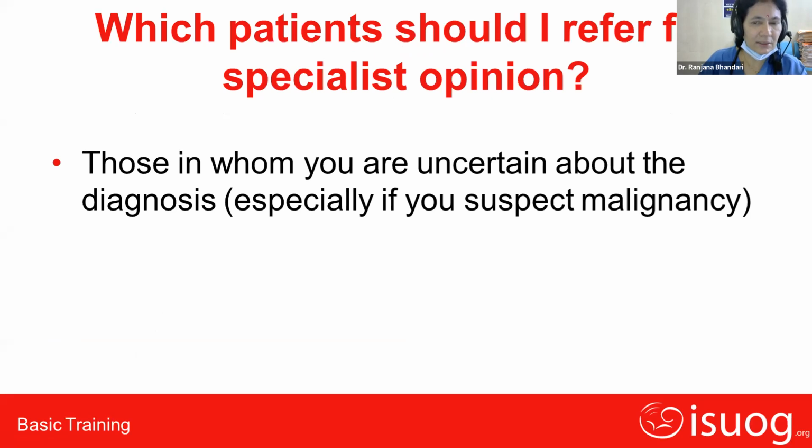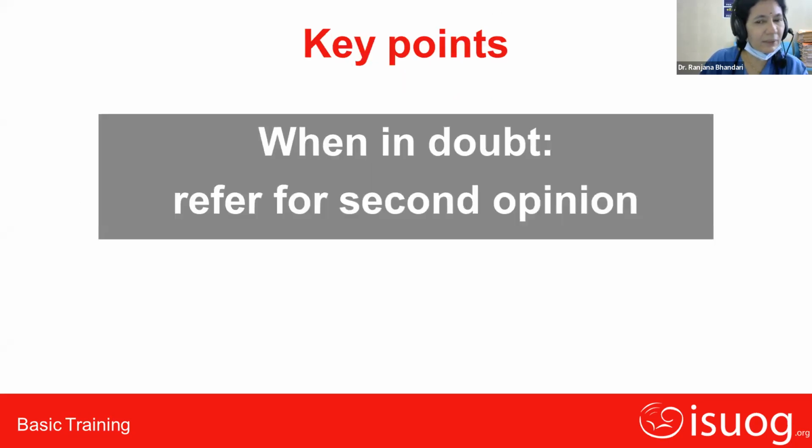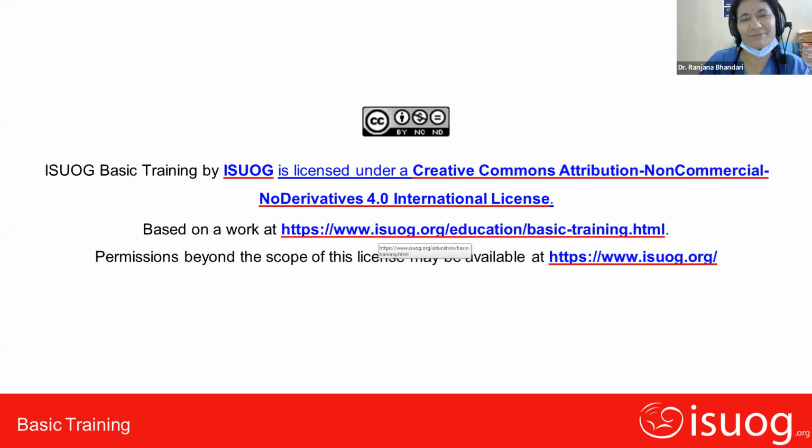All those cases in whom we are uncertain about diagnosis, especially cases of malignancy, or any doubtful case, we should refer to the higher center. And whenever we are in doubt, we can refer the case for a second opinion also. Thanks a lot. I think I am able to tell something about endometrium and cervix.